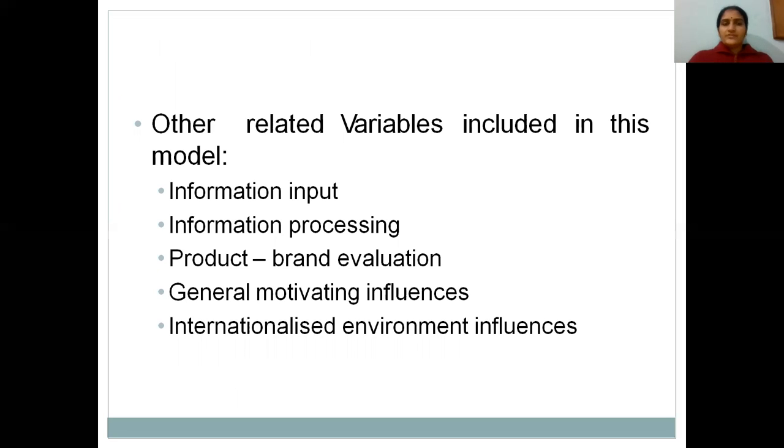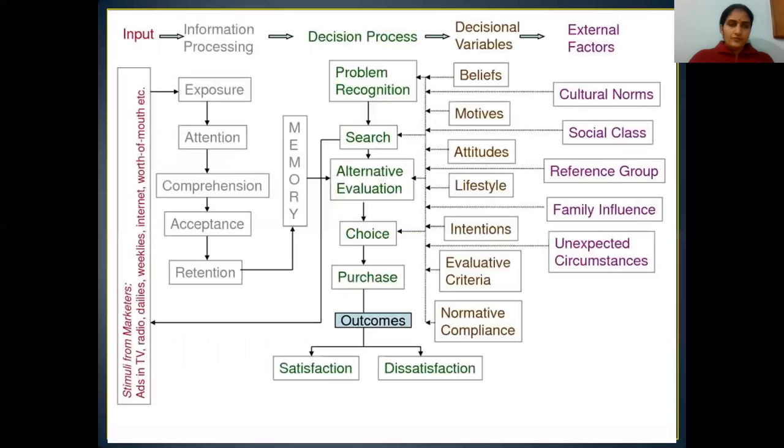Then we have seen the other related variables which are important in this model, that include information input, information processing, product brand evaluation, general motivating influences, and internalized environmental influence. Then we have seen a pictorial diagrammatic representation of this model and how the different variables influence the decision process.